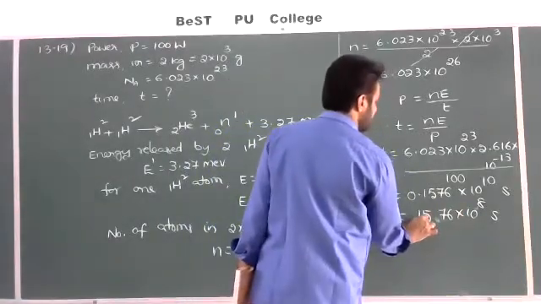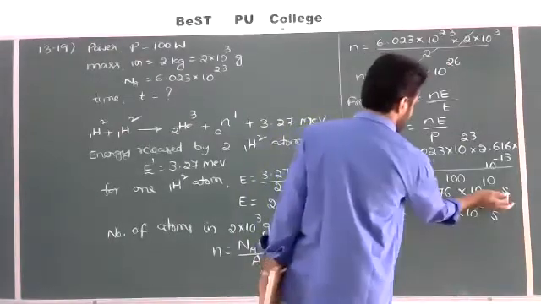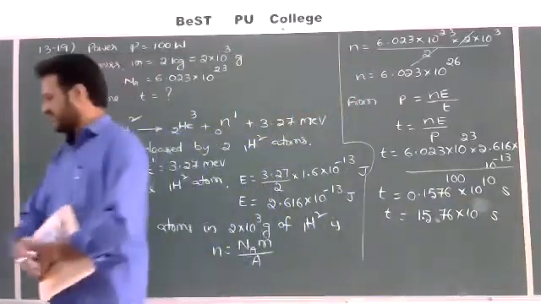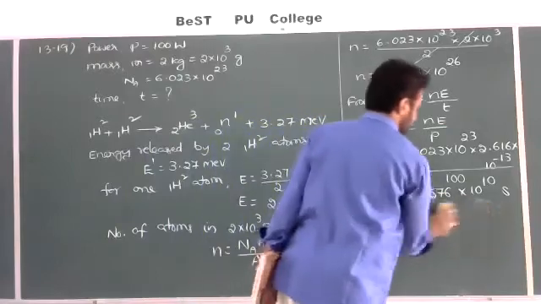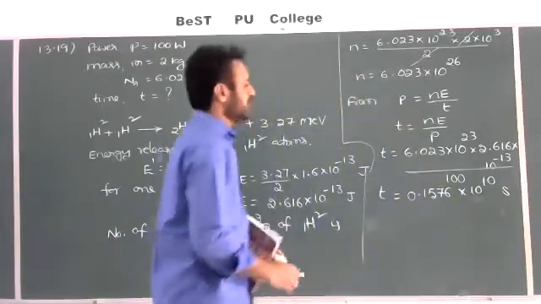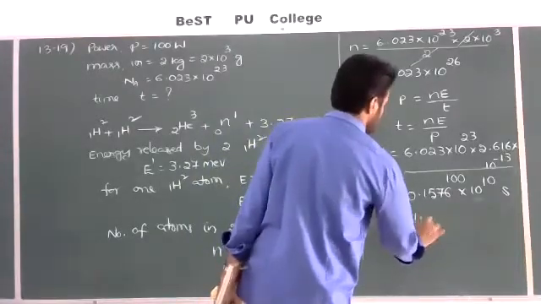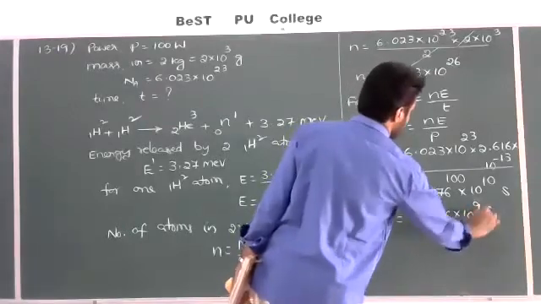That is 1 point into 10 power 9. Correct? Check what answer they have given. Years given. 1.576 into 10 to the power of 9 seconds.